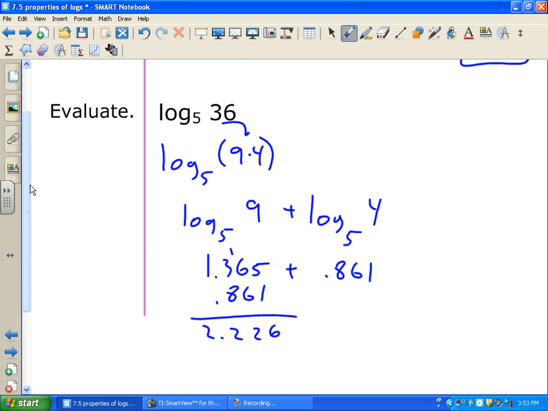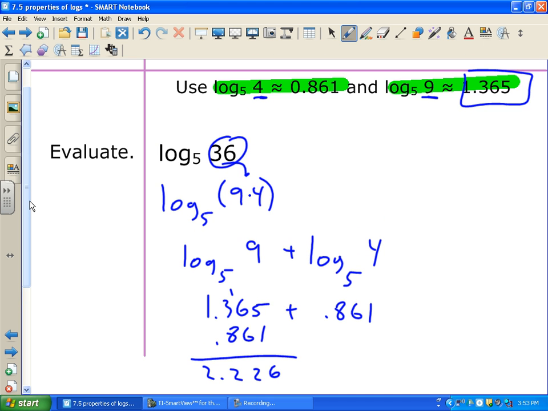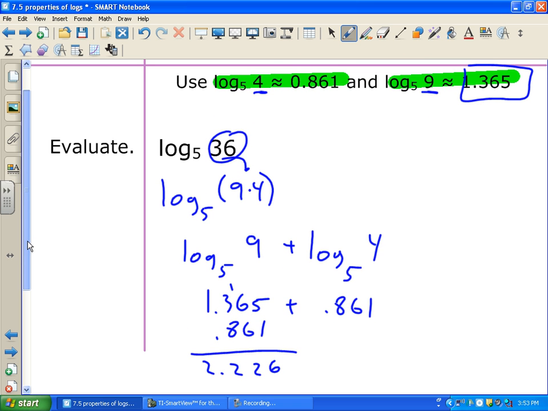Okay? Notice splitting or rewriting 36, this time as multiples, things they gave us. Multiplication of a log means addition. I split it into 2 parts, use what they gave me, and apply it. Pretty straightforward stuff. You could have written that, let's see, I don't know how else we could have done it. Not coming off the top of my head.